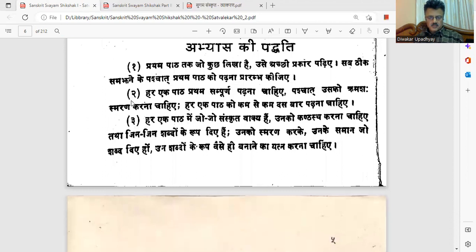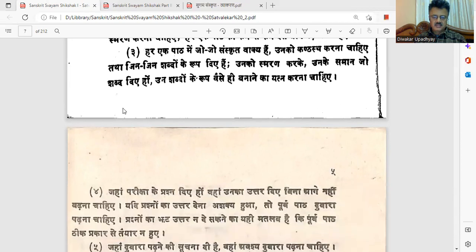The writer tells that we should first read the lesson and try to understand what is given. Once we read a lesson, we should try to recall what we have read. They recommend that we read every lesson at least 10 times before we move to the next lesson.